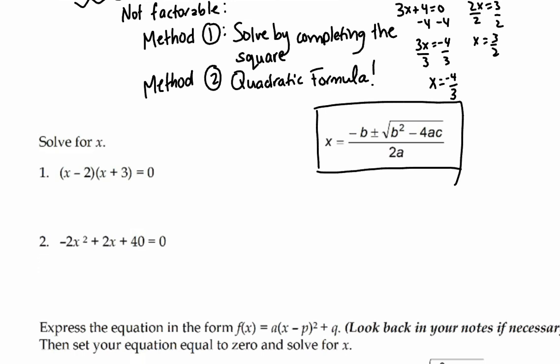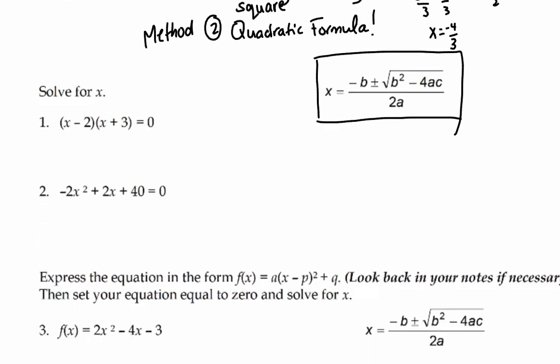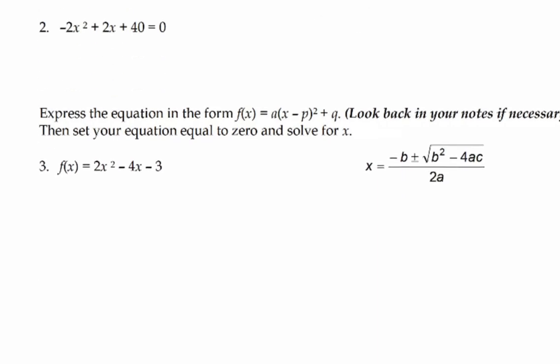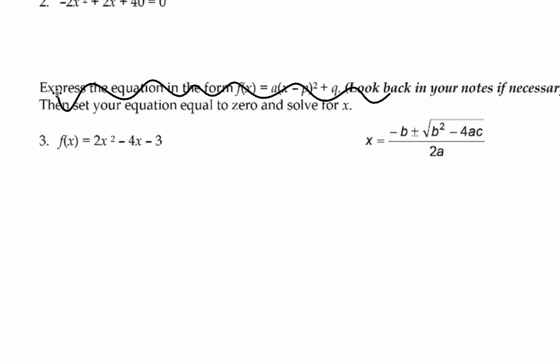Okay. So let's talk about using the quadratic formula. It's hit number 3. If it's not factorable, we want to use the quadratic formula to solve. We can either complete the square or use the quadratic formula.